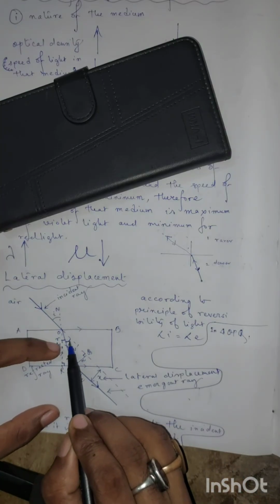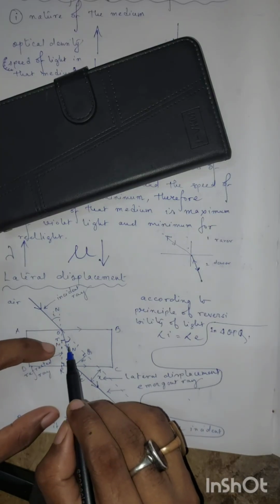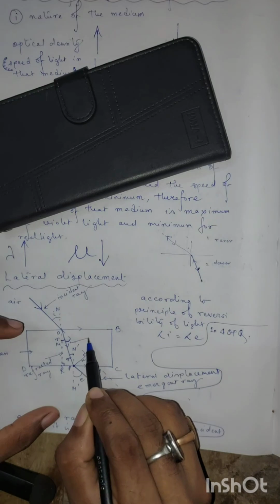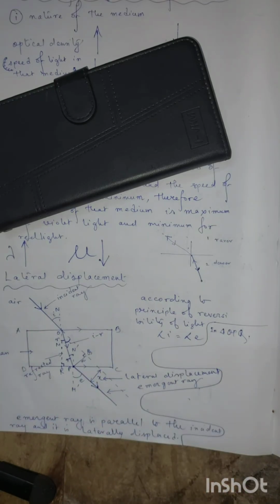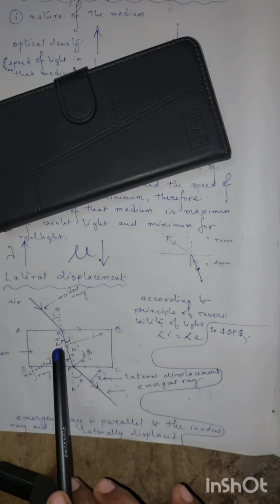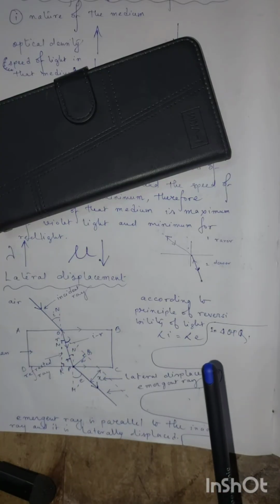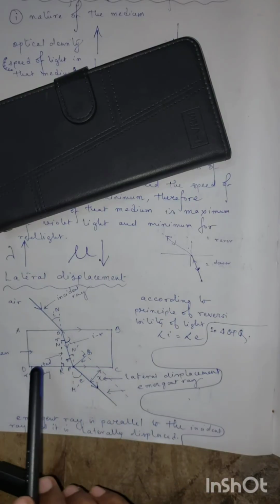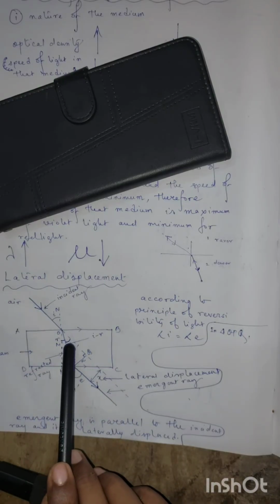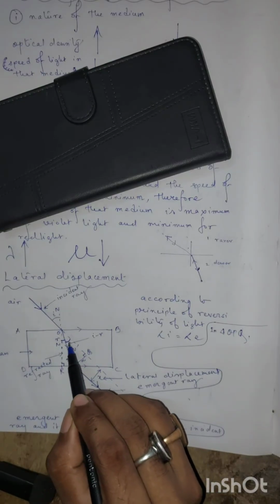The total angle is angle I, but this part is angle R. So this angle will be equal to angle I minus R.